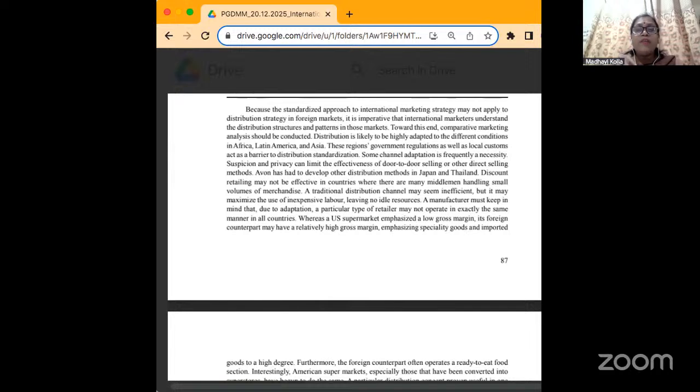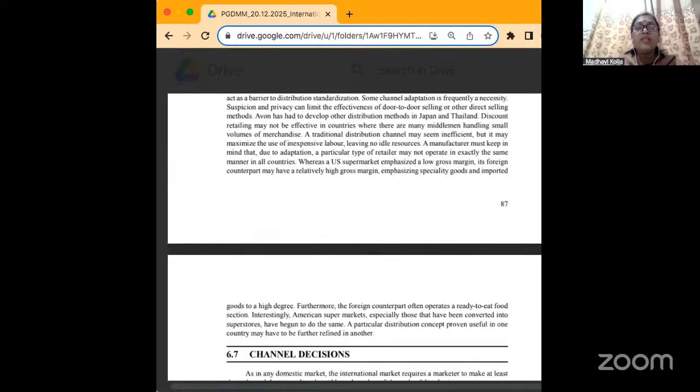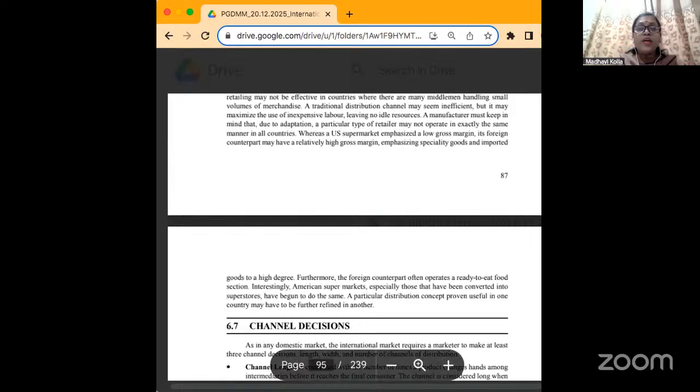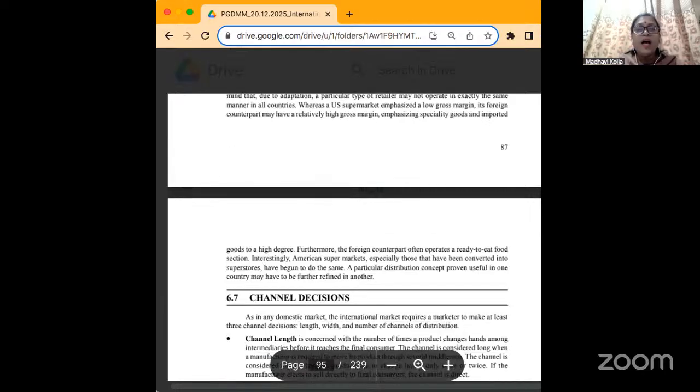For example, if you look at blocks like Africa, Latin America, and Asia, we know that different conditions apply to each of these blocks. Whereas, if you talk in terms of a US supermarket, they may decide they're willing to go for a low gross margin because they know there will be a higher volume of sales, and therefore they are willing to take products at a lower margin.